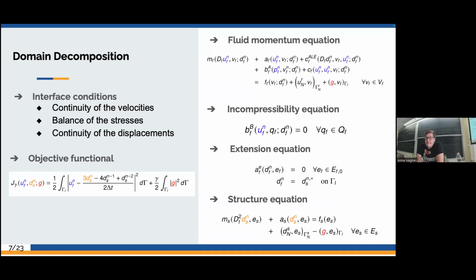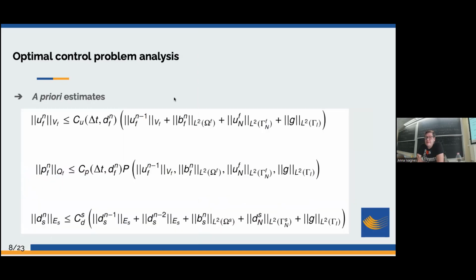And then putting this into our a priori estimate, we can also deduce that the sequences corresponding to fluid velocity, fluid pressure, and the structure displacement are also bounded in the corresponding spaces where they are defined.